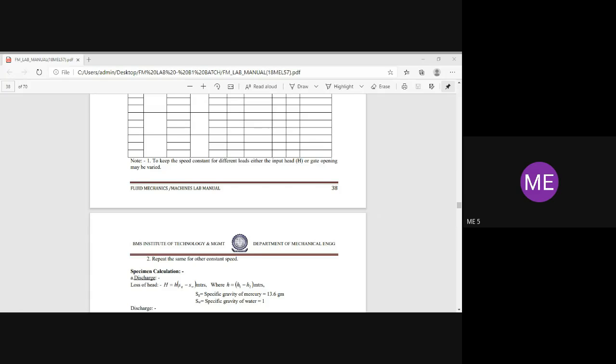Constant speed operation: speed N is 900, 900 RPM, keeping constant RPM for all the calculations for all the trials.